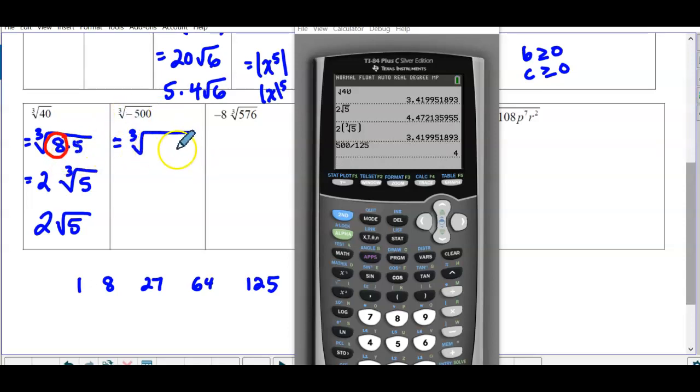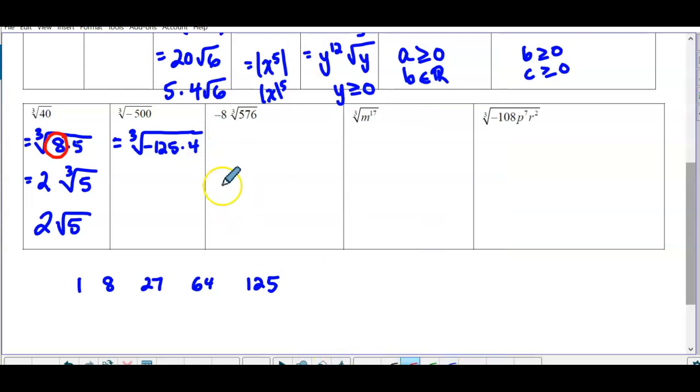Don't leave a negative in there. So I'm going to show this as negative 125 times 4. And then my perfect cube is this. And that's going to be equal to negative 5 cubed root of 4. You could leave a negative 4 underneath there, but that's not simplest form.